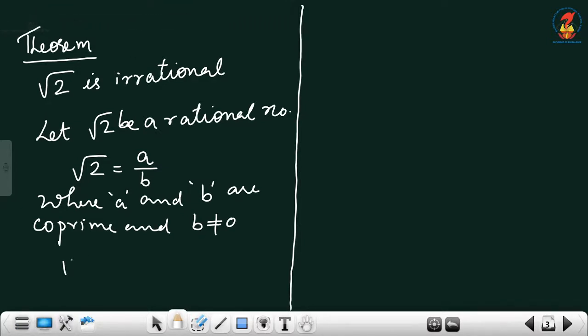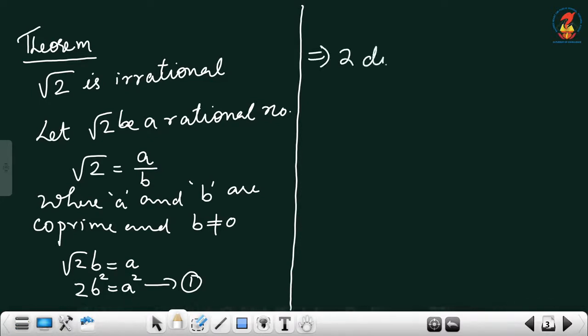So from here we can write root 2 b is equal to a, taking b to the other side. So 2b square is equal to a square, squaring on both sides. This means that 2 divides a square.